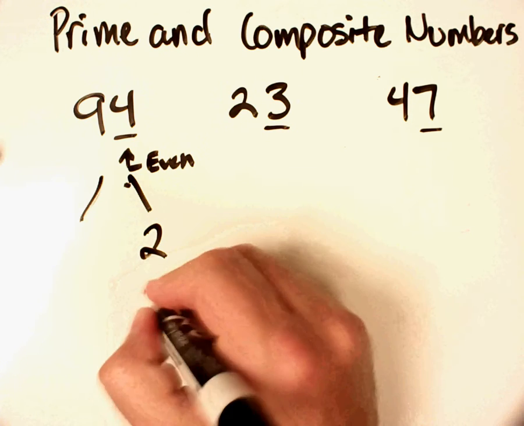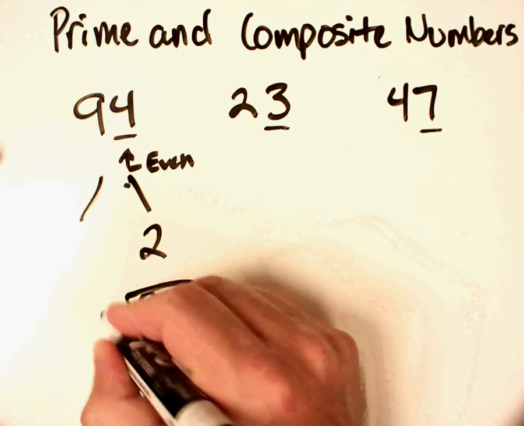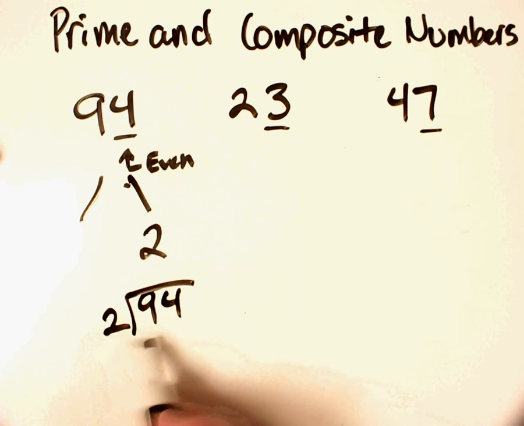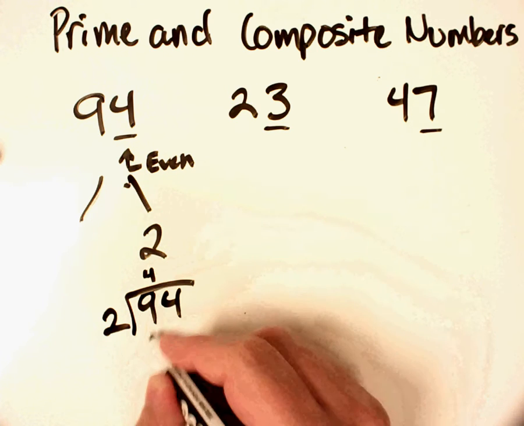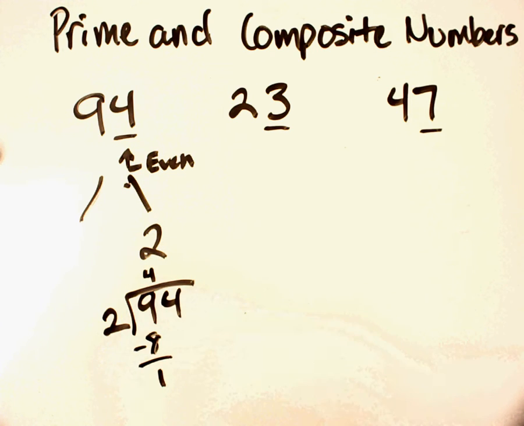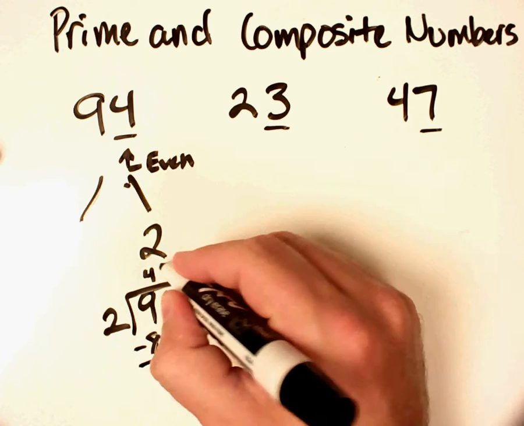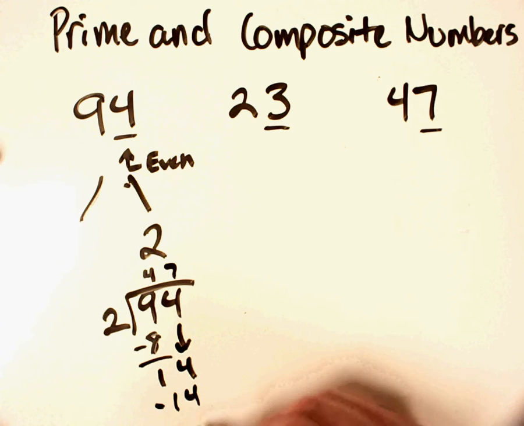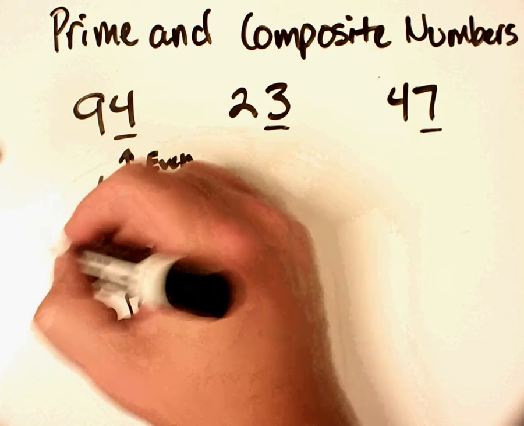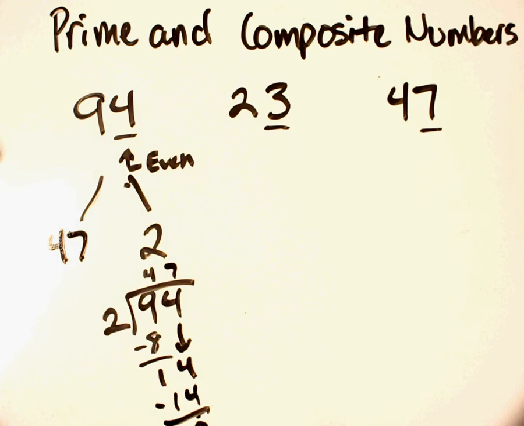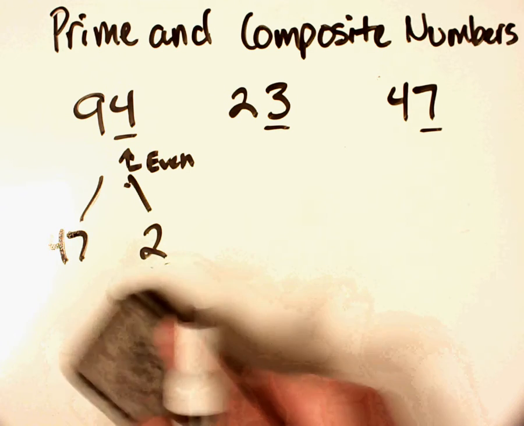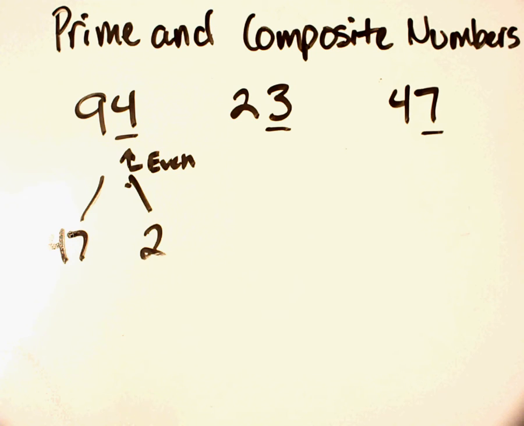Because if I divide 94 by 2, 2 goes into 9 4 times. 1's my partial remainder. Pull down my 4. 2 goes into 14 7 times. My brain jumped ahead a little bit there. And so I get 47. So my factors for 94 are 47 and 2.